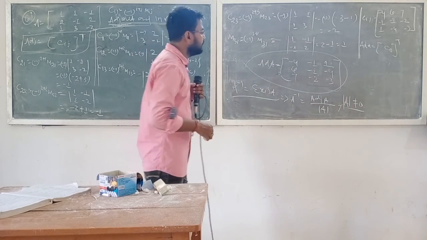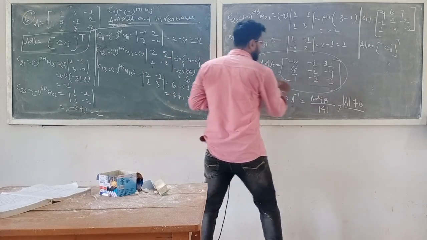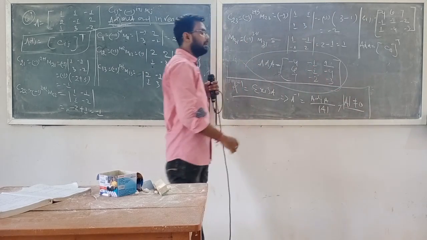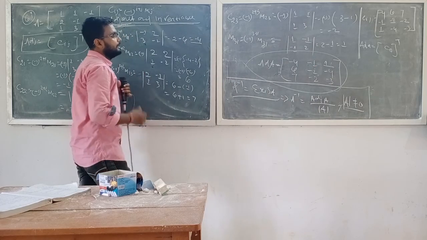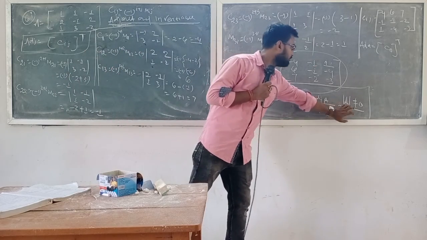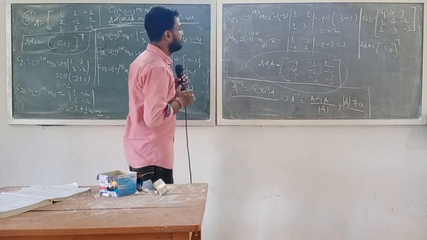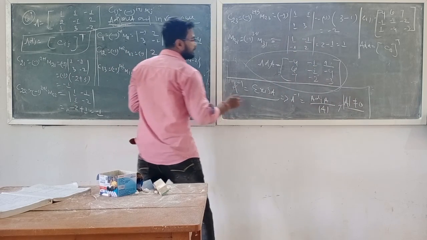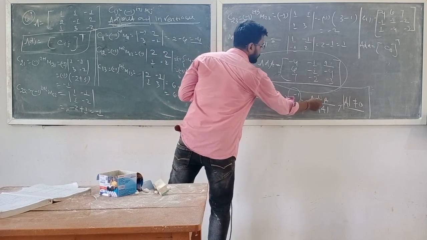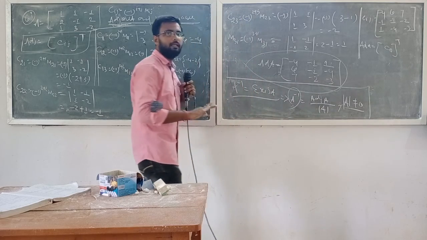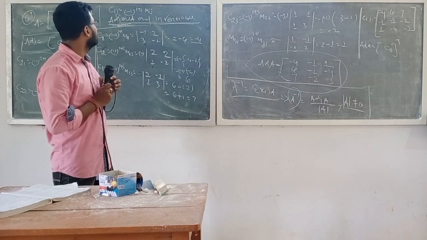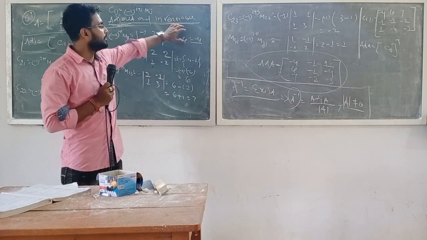So first of all, you check for the invertible matrix: find the determinant of A, which should not be equal to 0. Then A inverse is adjoint of A by determinant of A. This is the complete solution of adjoint of A and invertibility of a matrix.